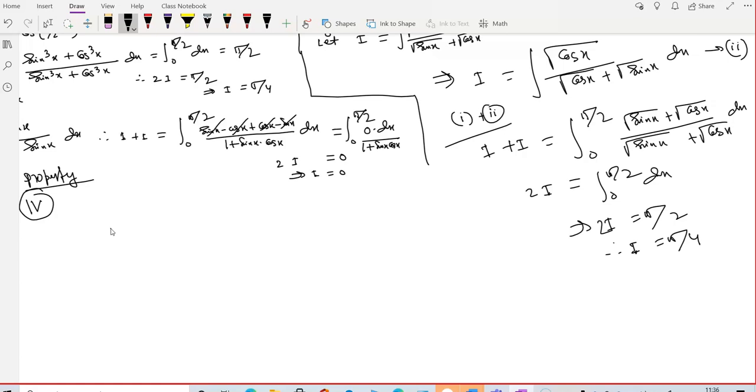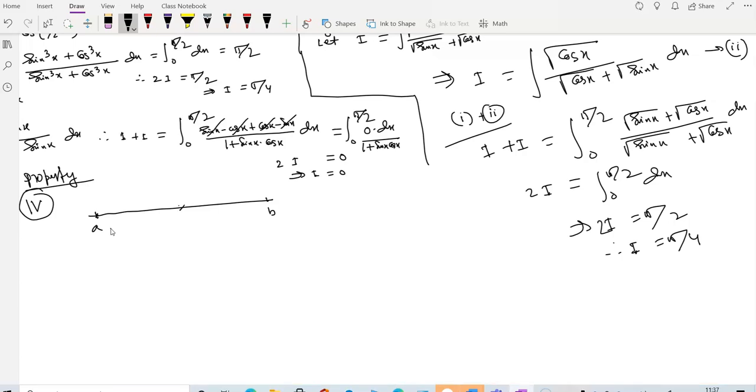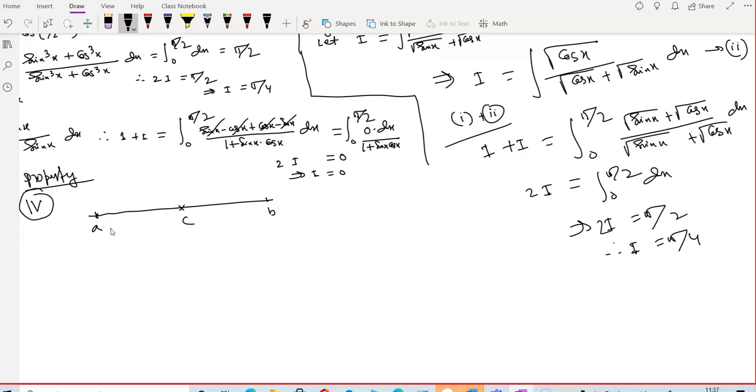This is just a brief introduction before you learn this property, that in definite integration you must have seen that the integral from a to b of f(x) dx is nothing but a summation. If anyone has the logic that in between a point c is there, can't I say that the integral from a to b of f(x) dx is the integral from a to c plus the integral from c to b? A to b, this whole thing sum if you want to do, that will be sum from a to c plus sum from c to b. It's very easy to understand.